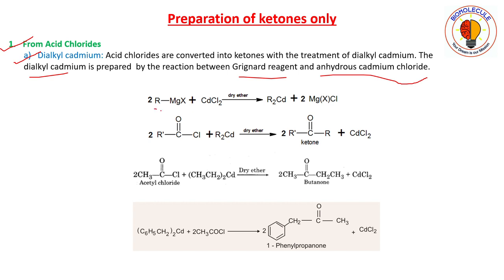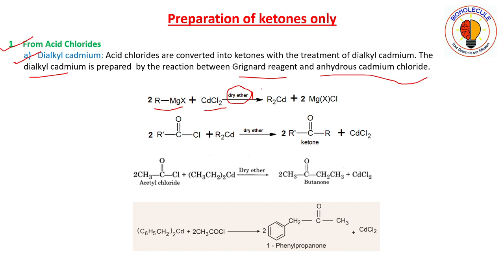So you take Grignard reagent here, RMgX, and anhydrous cadmium chloride in dry ether. It is very important that the reaction must be free from water, as Grignard reagents are very reactive towards water. Grignard reagent reacts with water to give you alkanes.